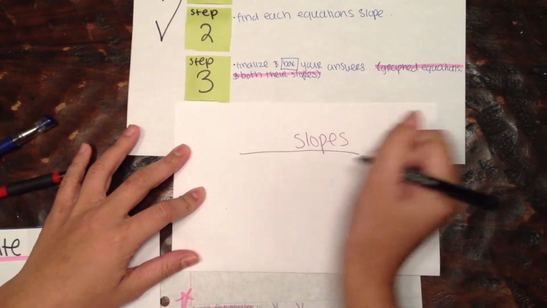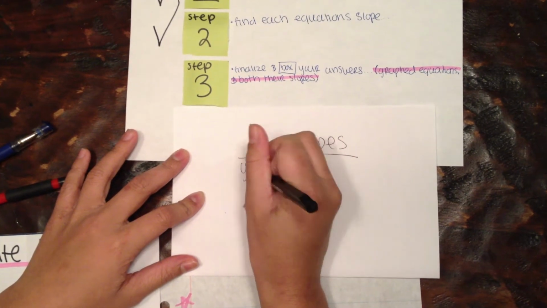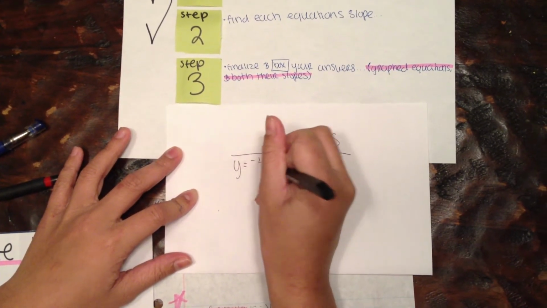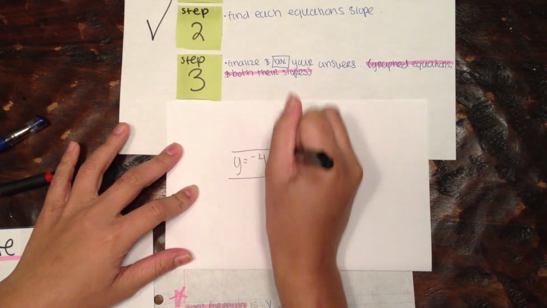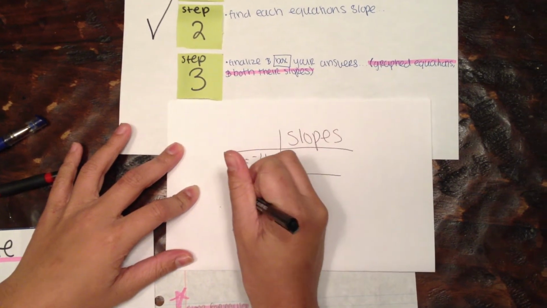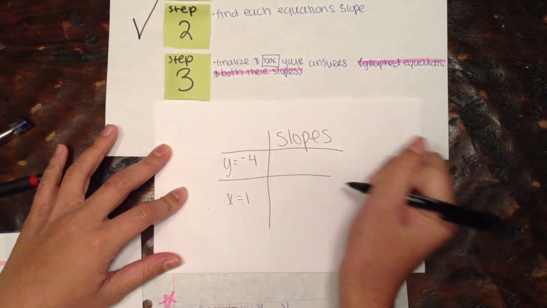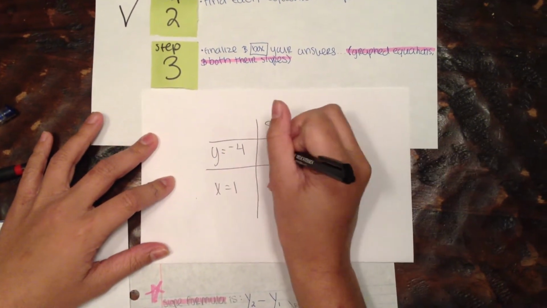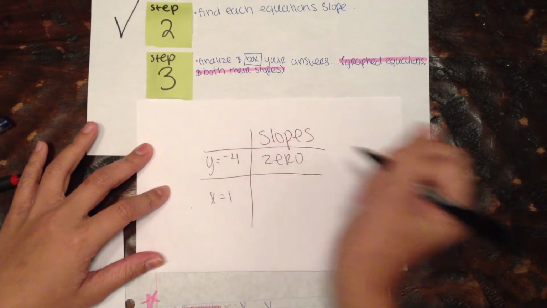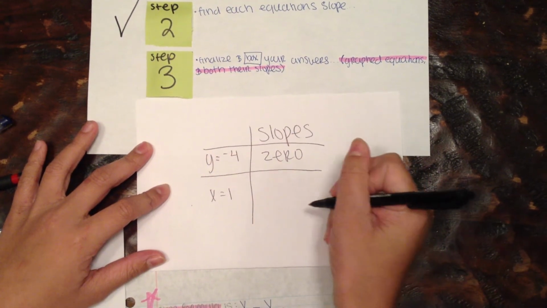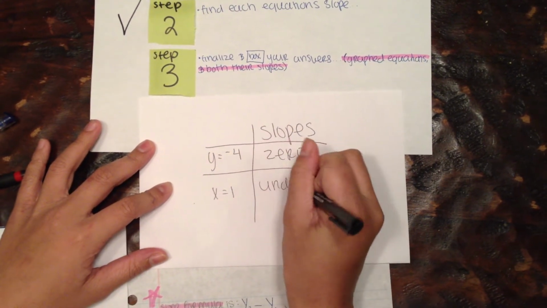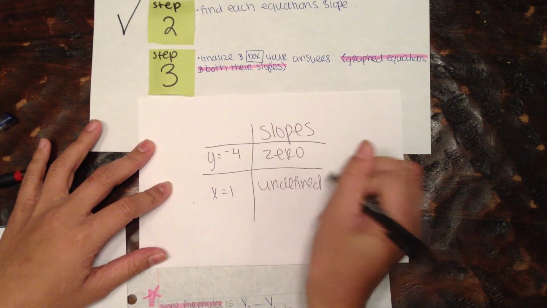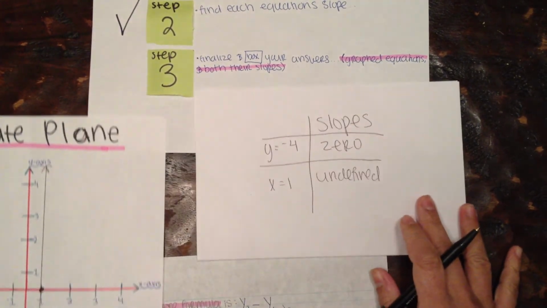I'm just making a simple chart. Slopes for the equations y equals -4 and x equals 1. The slope for y equals -4 is 0, and the slope for x equals 1 is undefined. So there you go.